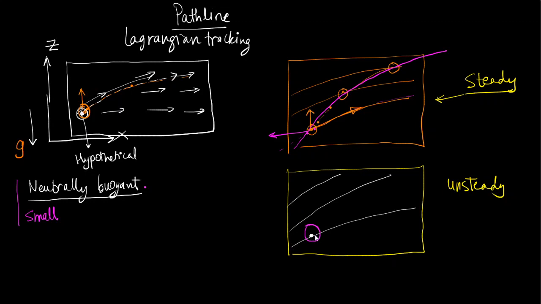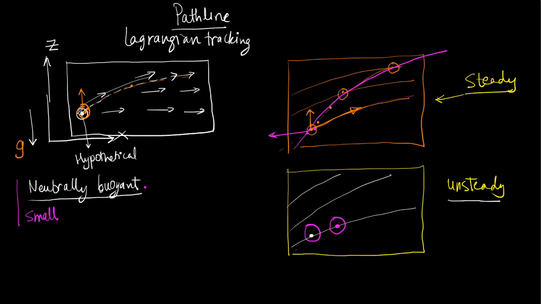So at t equal to 0, the particle wants to go in this general direction. So the particle will end up over here after a small time. But say that the unsteady flow changes its direction from this particular streamline to something like this.